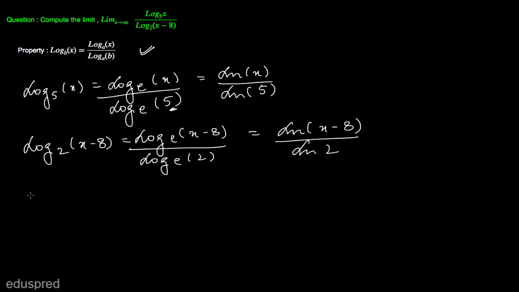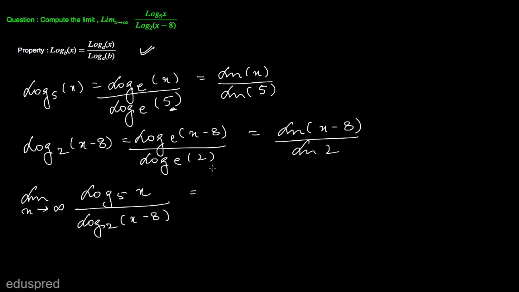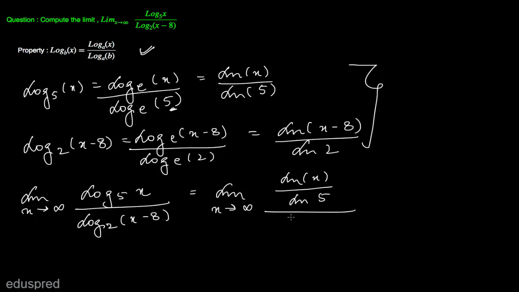Now your original function was limit x tends to infinity log to the base 5 of x divided by log to the base 2 of x minus 8, which from these formulas becomes limit x tends to infinity ln x divided by ln 5, whole divided by ln(x minus 8) divided by ln 2.